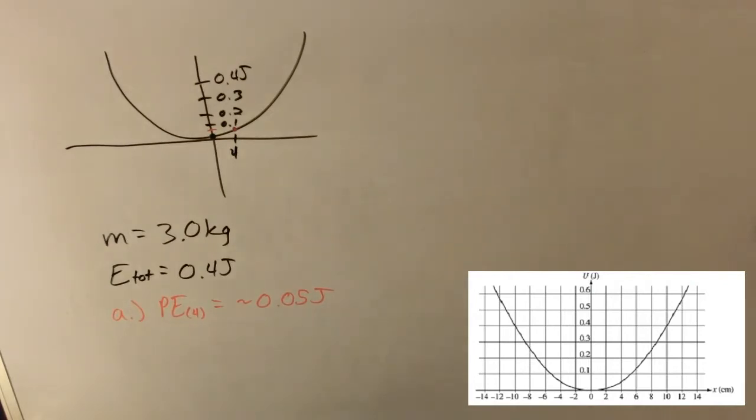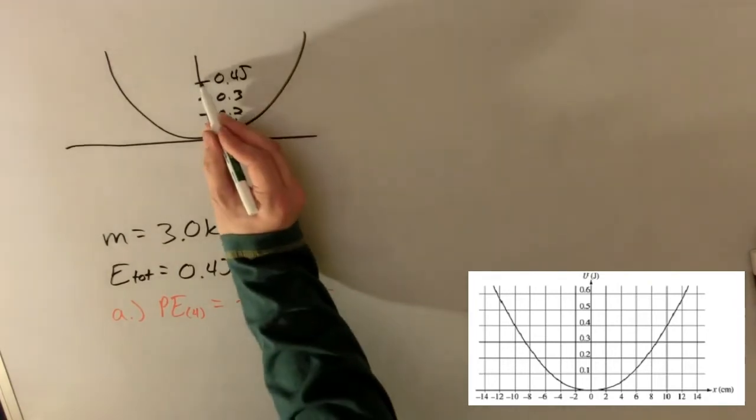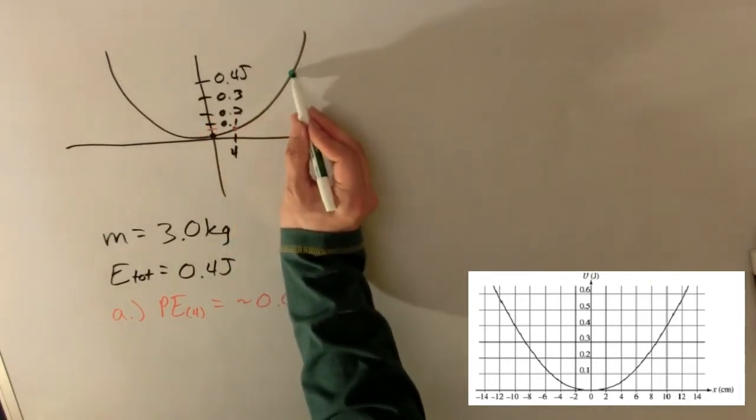Okay, B, what's the farthest the object moves along the x-axis in the positive direction? Well, what's the most energy the object has? In this case, we were told that the total energy that the system has is 0.4 joules. So the highest it could go on this is 0.4 joules.